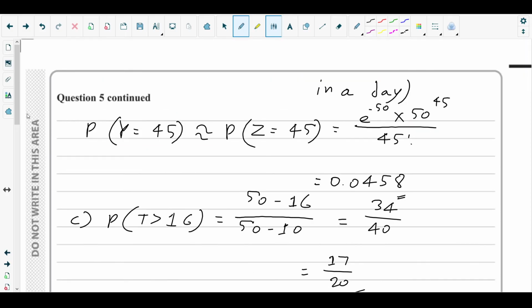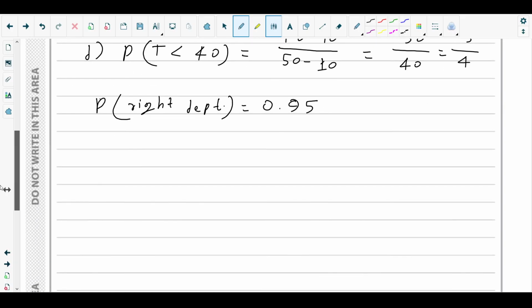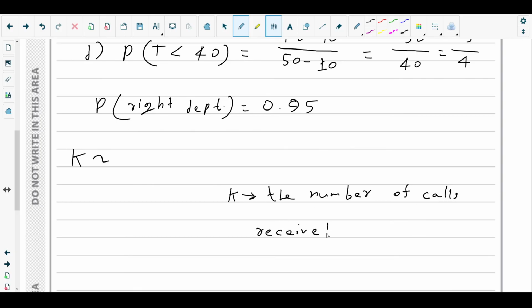We know that in a 1 minute interval the number of calls received is 6. Consider K as the number of calls received in 40 seconds.